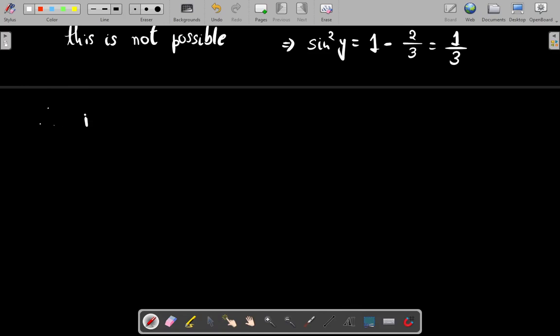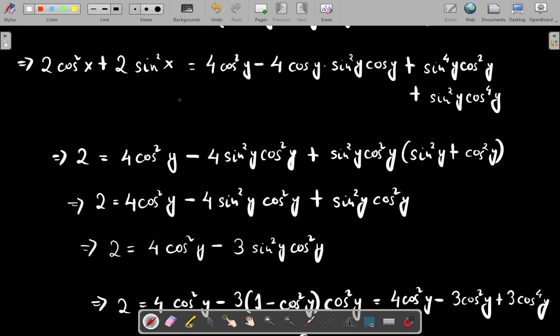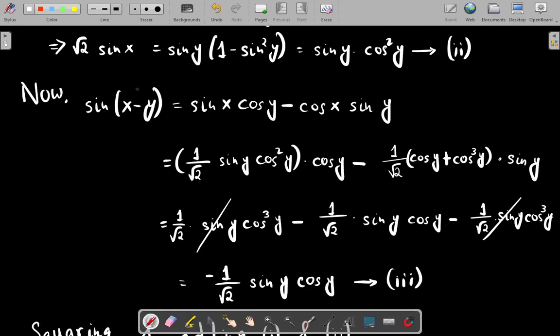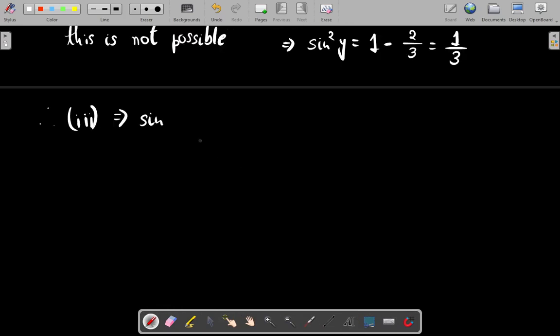So from equation 3 we had sin of x minus y, right? So if we square both sides of equation 3, we get sin square of x minus y is equal to minus 1 upon root 2 sin y cos y whole square.